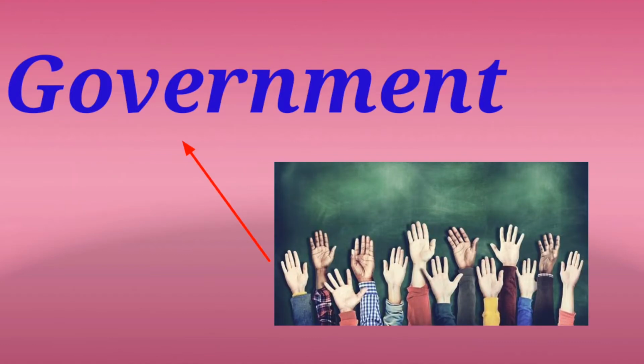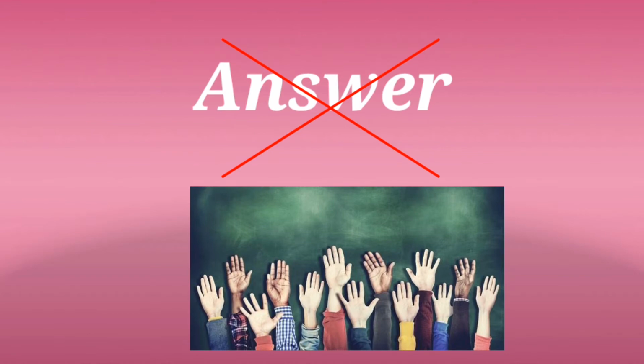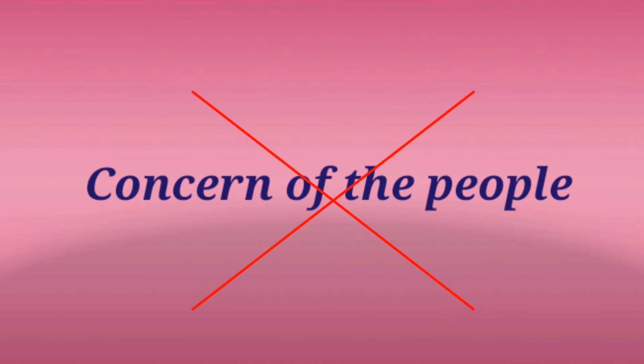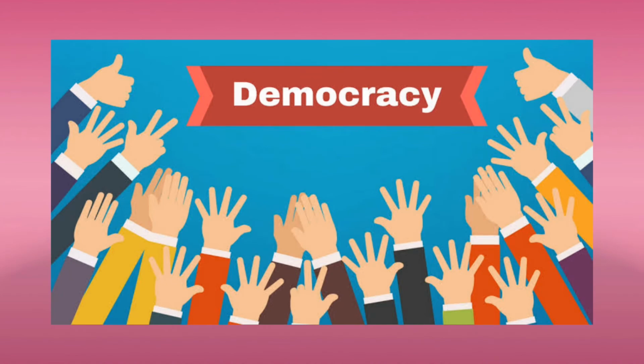This is one of the advantages of the democratic system. A government should answer the questions of the people. But if the government is not a democratic one, two things might happen. One, the government is not answerable to the questions of the people. And two, sometimes the government may not function for the concern of the people, which means the welfare of the people.